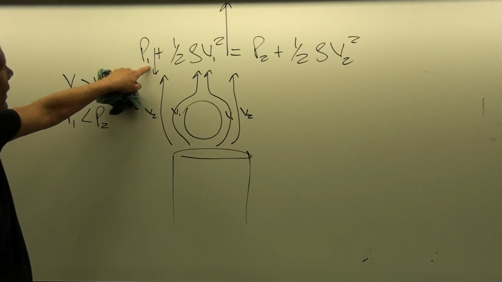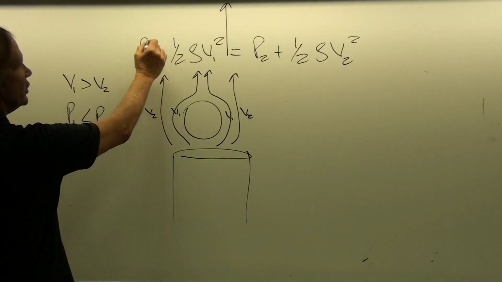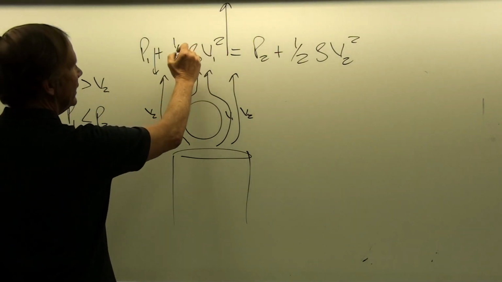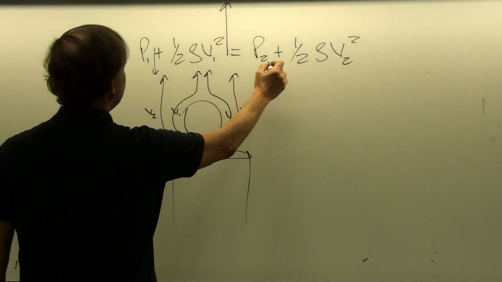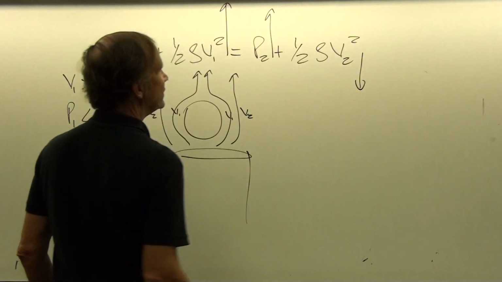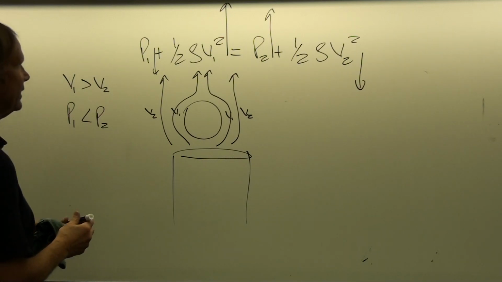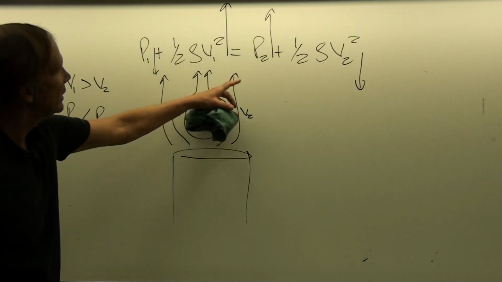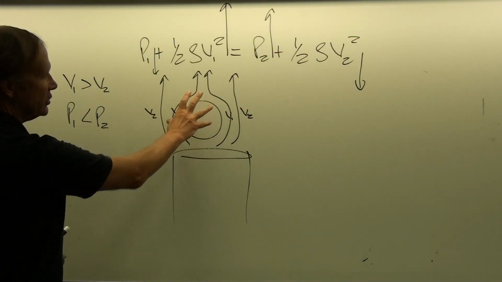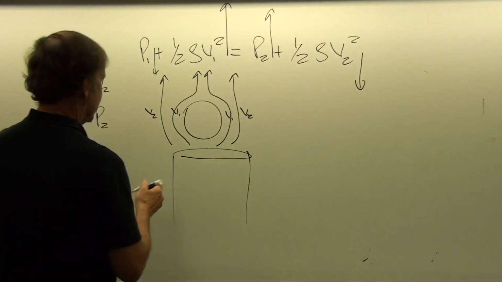Because a smaller value for P1 plus a bigger value, so this is internal energy per unit volume, this is kinetic energy per unit volume, has to equal a bigger value for P2 plus a smaller value for the 1/2 rho V2 squared term. Okay? And so that shows us then that the pressure out here is greater and the pressure in there near the ping pong ball is less.